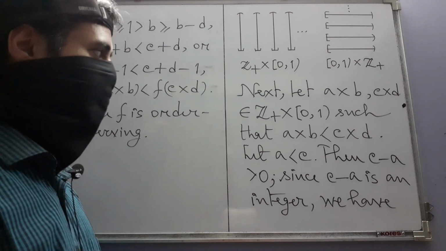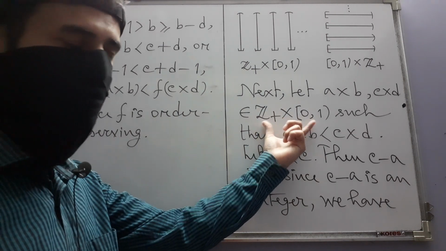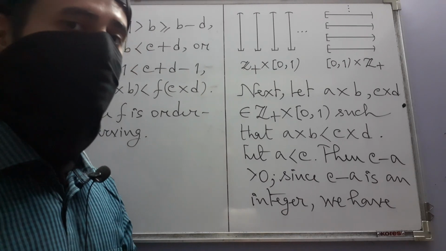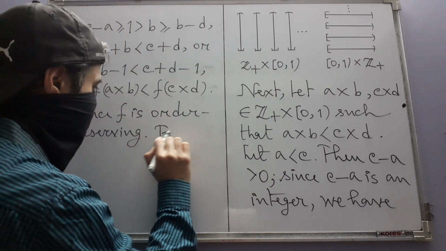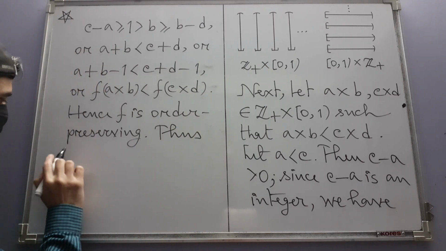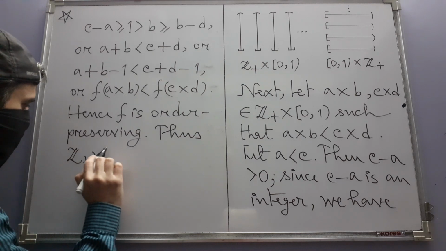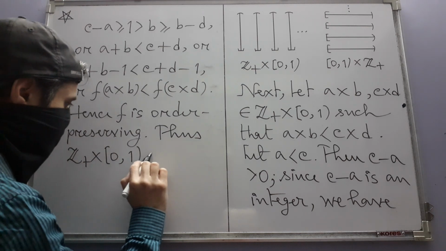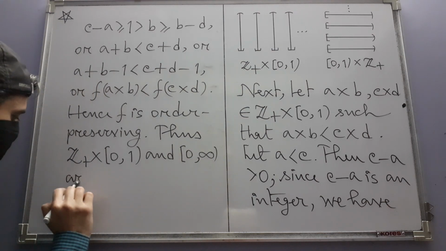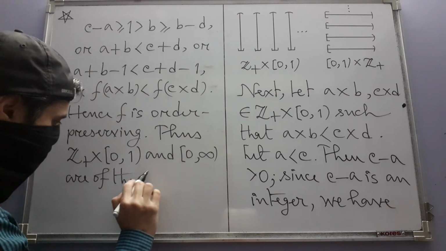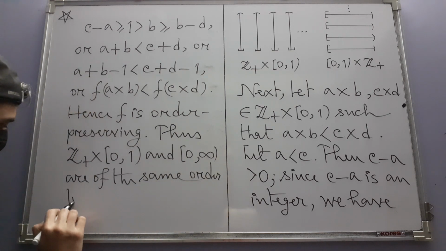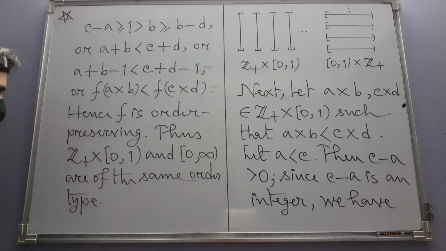We have thus proved that this ordered set with the dictionary order and the set of all non-negative real numbers are of the same order type.